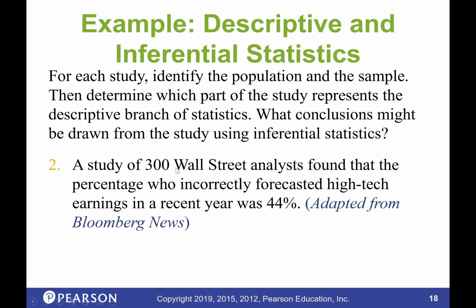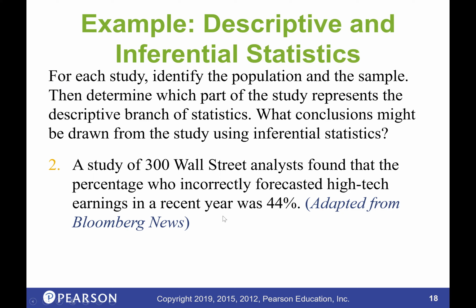The sample was the 300 Wall Street analysts that they were able to get data from. And then that's the descriptive statistic. The descriptive statistic is the fact that the percentage who incorrectly forecasted high-tech earnings in the recent year was 44%. So 44% of them were wrong in what they stated here.